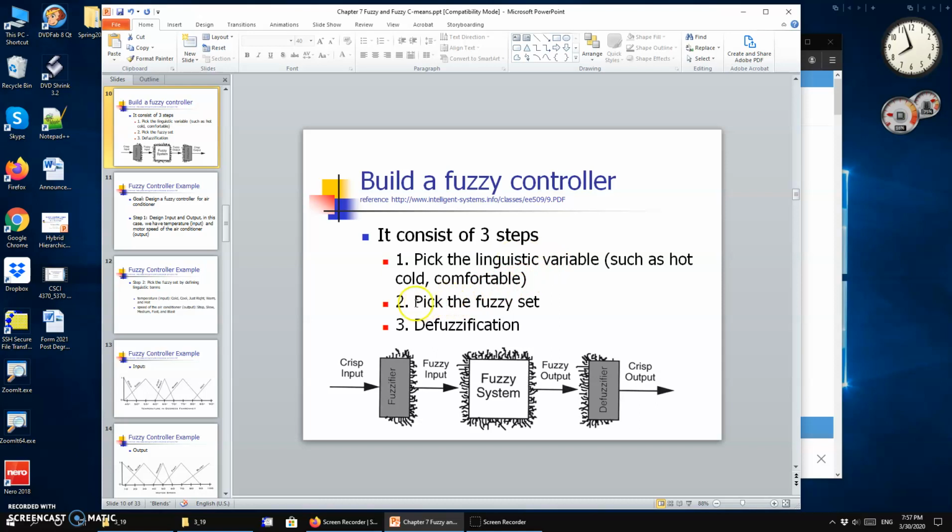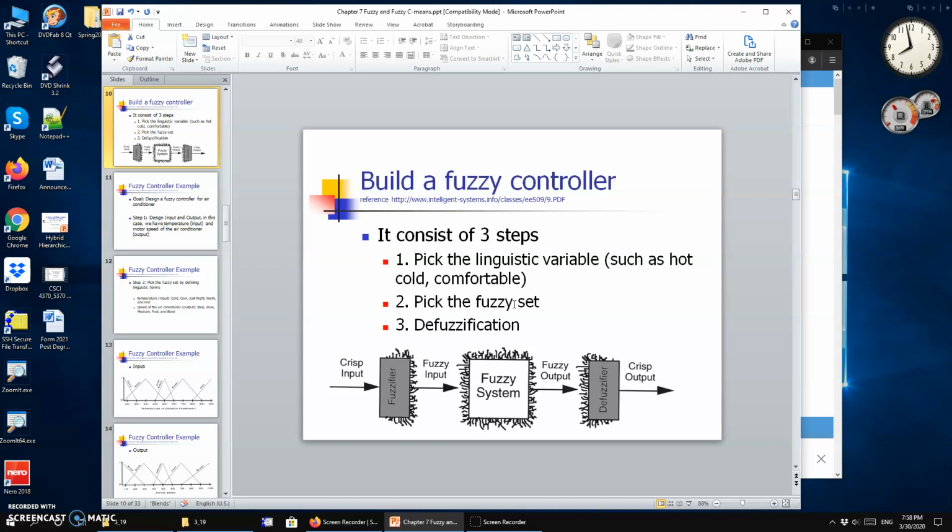And then you need to use what you think of as the linguistic variables to map into the output that you want to work. For example, with electronic fans, if it is cold, don't turn on the fans. If it is medium, which is comfortable, then you can turn on the fans a little bit.